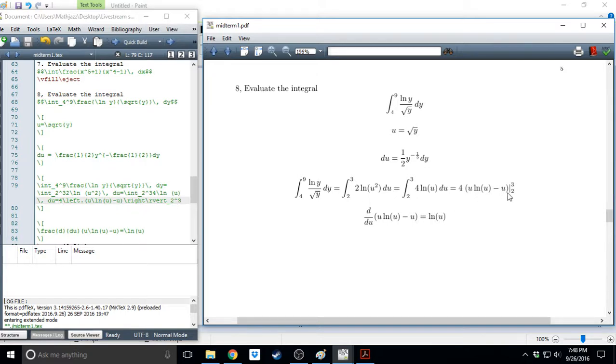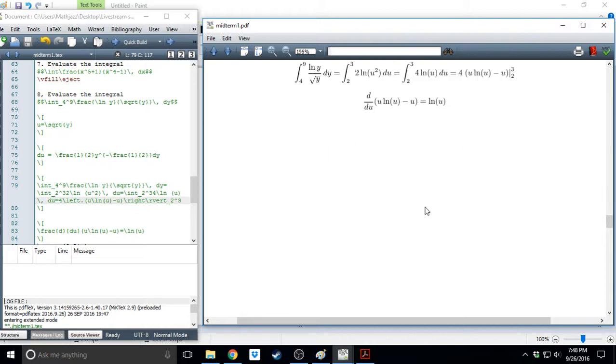Okay, so when we plug in 3, we get 3 times the natural log of 3 minus 3. When we plug in 2, we get 2 times the natural log of 2 minus 2. And we subtract those. But from here, it's no longer calculus. It's just plugging in numbers and subtracting and stuff. So we can let that be done where it is.